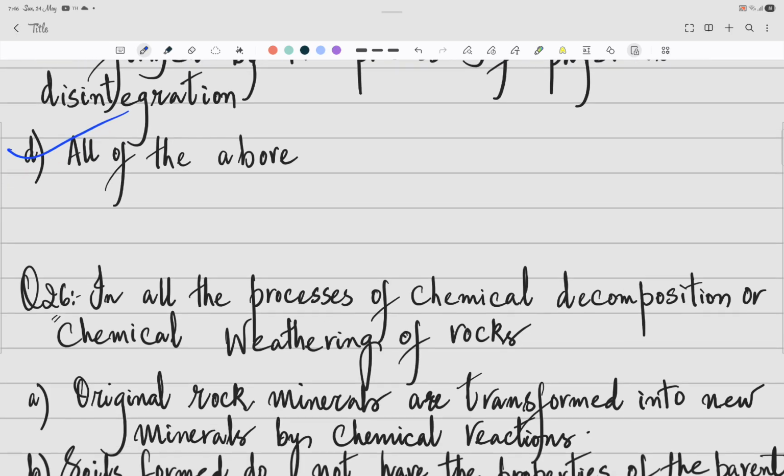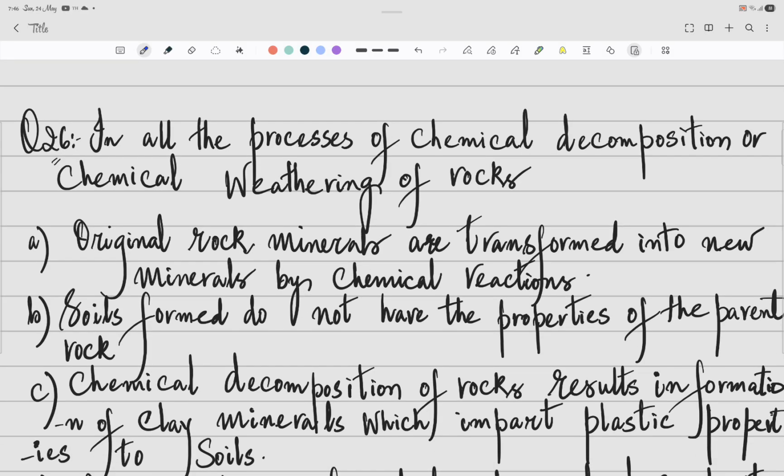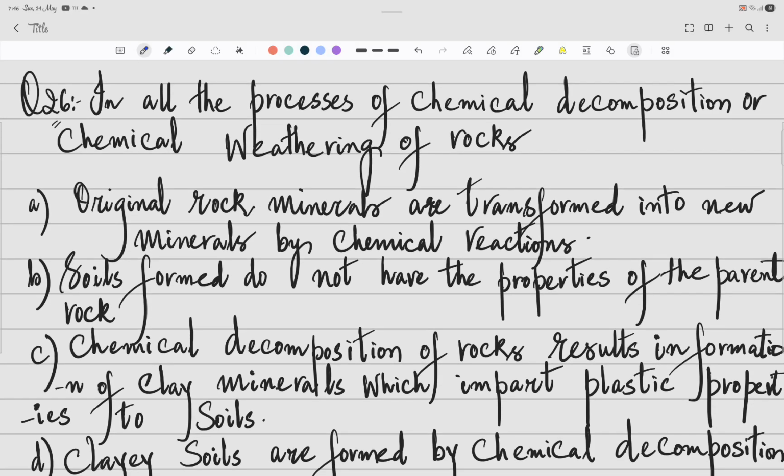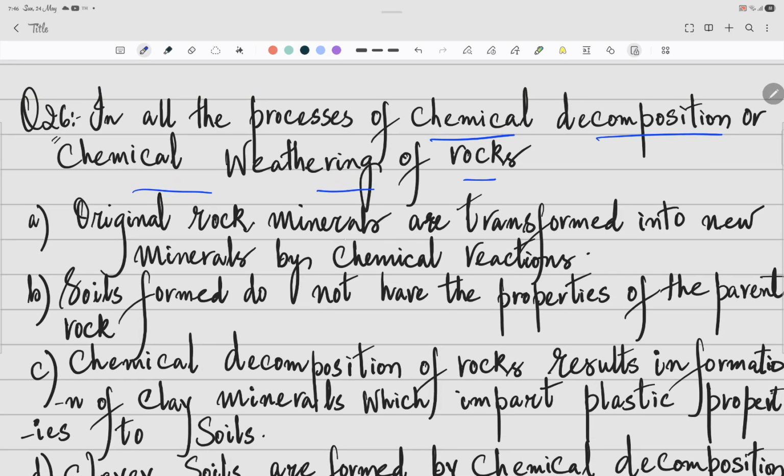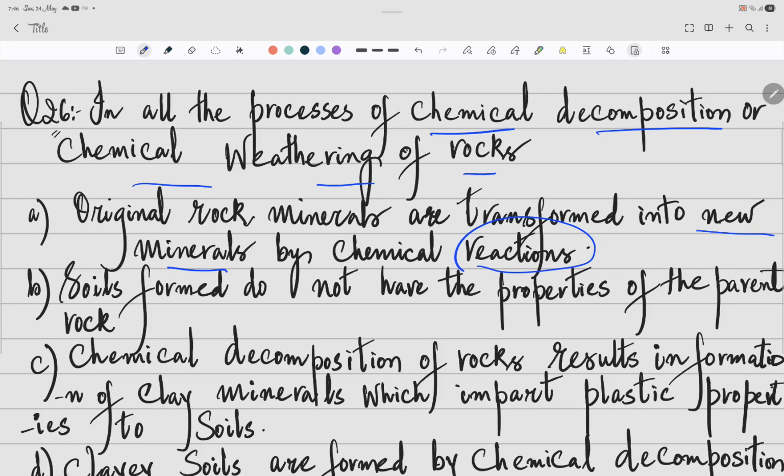Moving on to the next question. All right. In all the processes of chemical decomposition or chemical weathering of rocks, we have to say which one is the feasible answer. Original rock minerals are transformed into new minerals by chemical reactions.